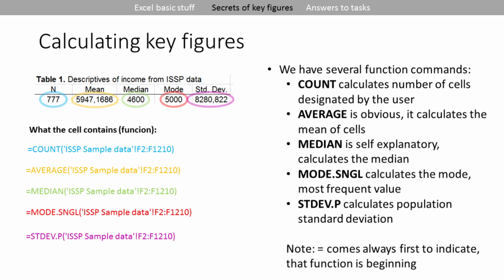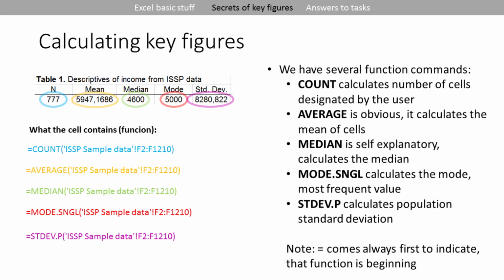And here is how to calculate key figures using functions, and we have several function commands here. COUNT calculates the number of cells designated by the user. AVERAGE is obvious, it calculates the mean of cells. MEDIAN is self-explanatory also, it calculates the median. And MODE.SNGL calculates the mode, or the most frequent value.